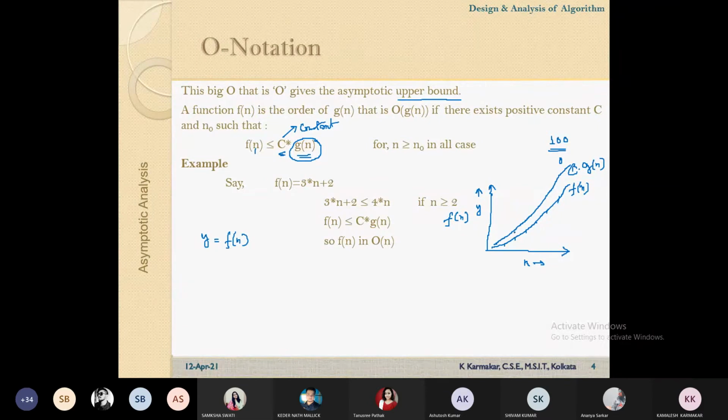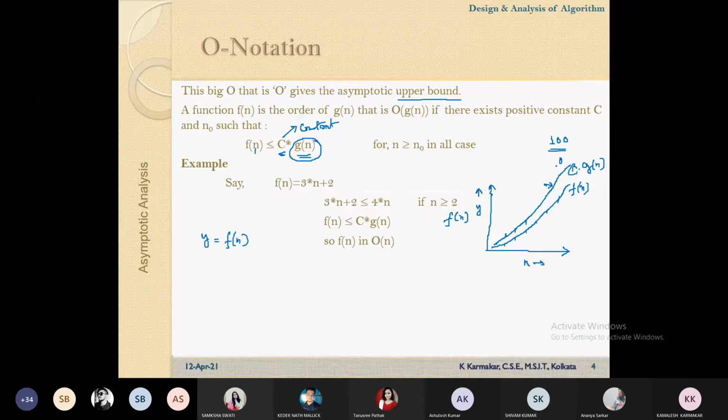Is it clear? If it is satisfied for any value of n, f(n) is always less than or equal to c into g(n). It can reach c into g(n), but it will always be less than or equal to. Then this is the upper bound.